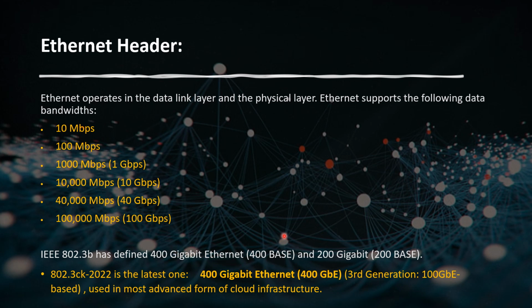The latest release is 400 Gigabit Ethernet, released in September 2022, which is the 802.3ck standard. These cables are mostly used in advanced cloud infrastructures. So this is the bandwidth. 400 Gigabit Ethernet is the bandwidth, and let's see the fields in the Ethernet header.